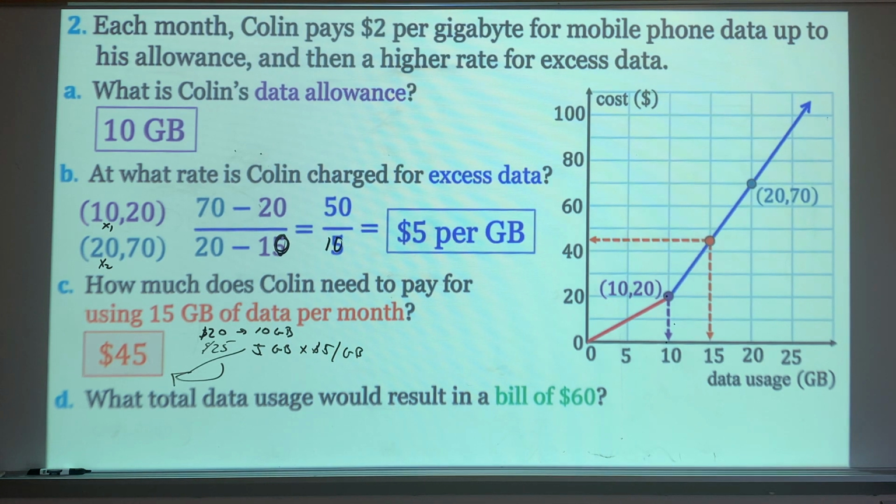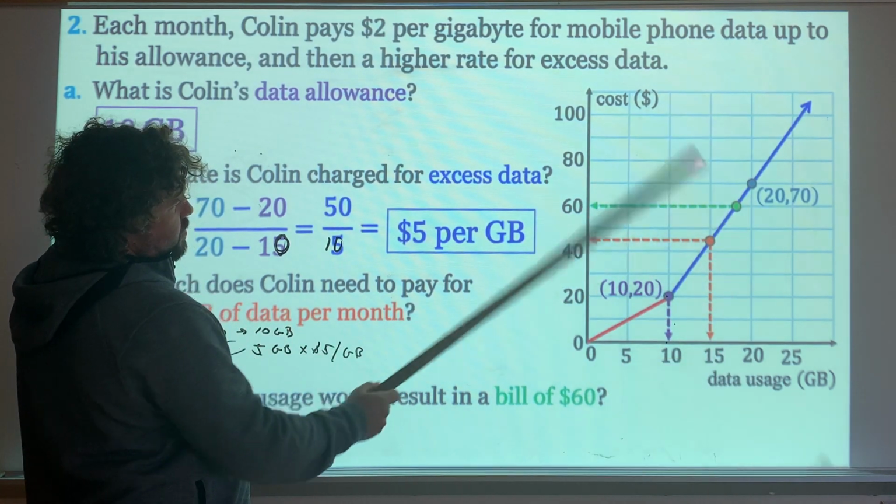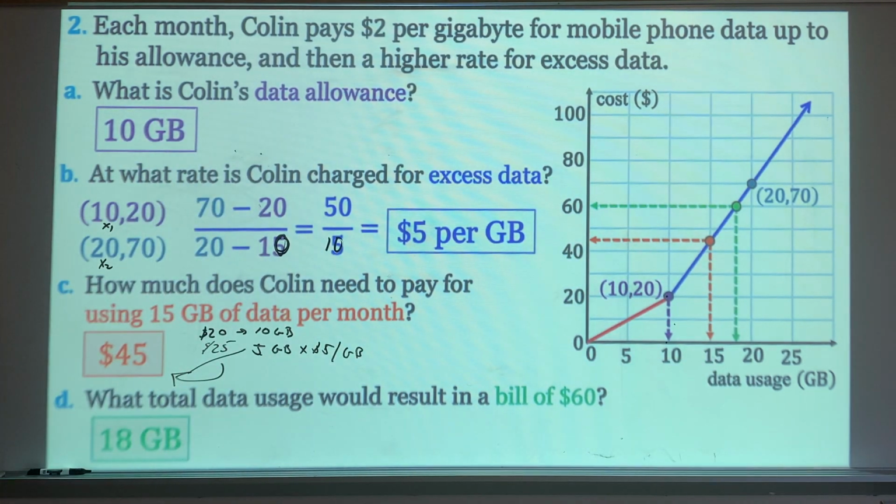What total data usage will result in a bill of $60? Well, go from 60 over, corresponding to the bottom, and you get about 18 gigabytes. Right? Graphically, nice and easy. Now, you know what? I want to do this mathematically.